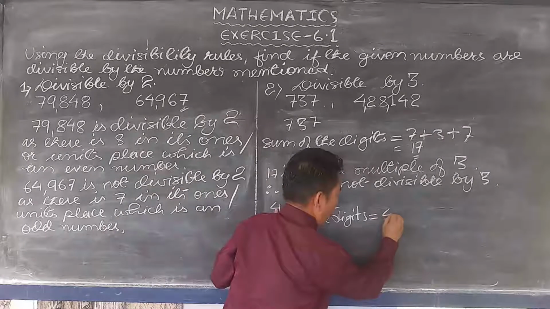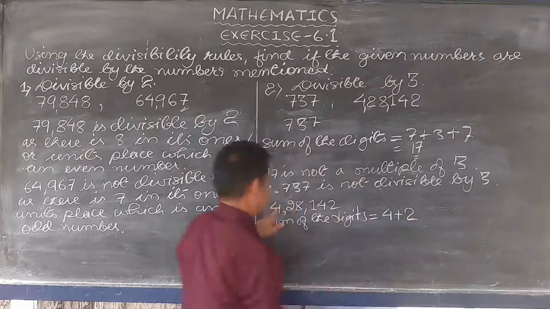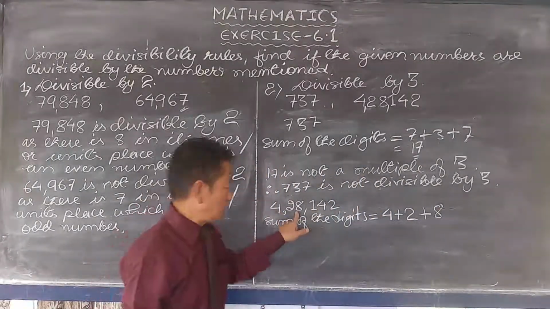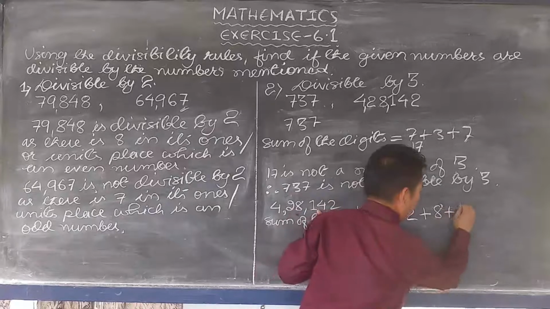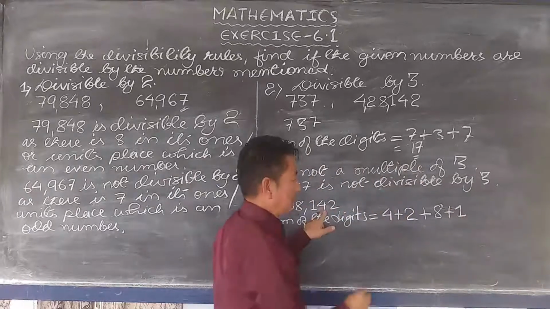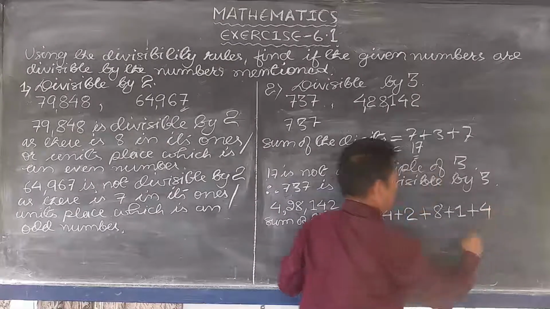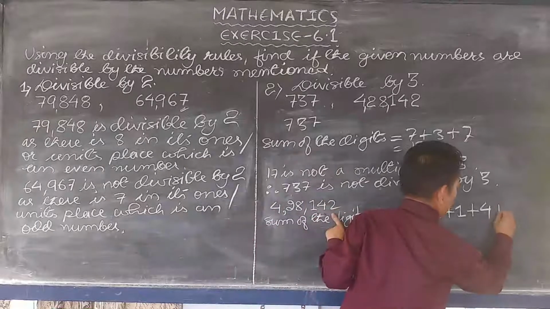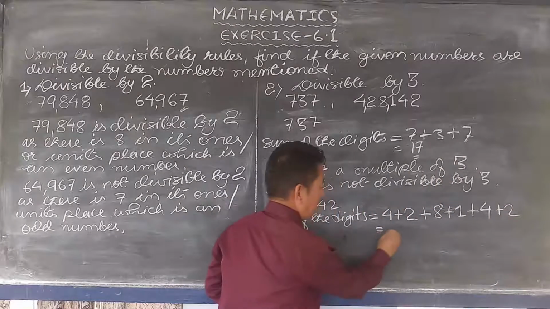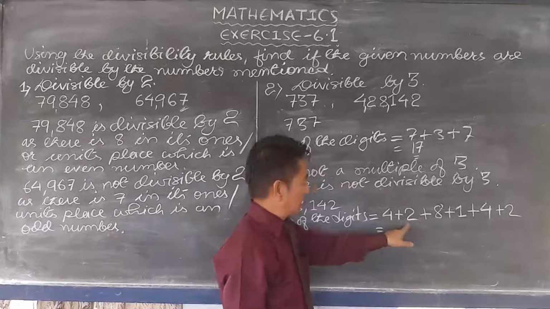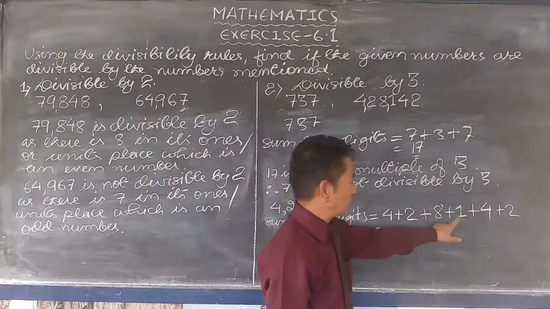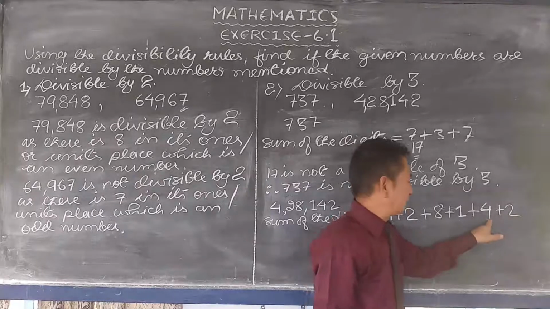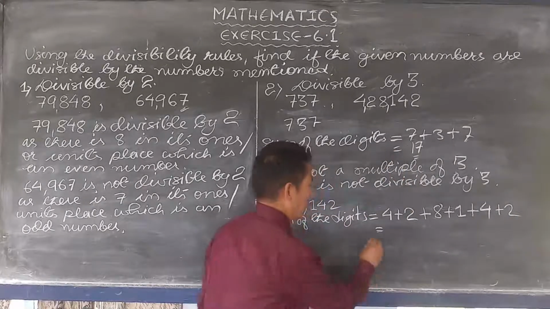Here, 4 plus 2, 6 plus 2, 6 plus 8, 14, 14 plus 1, 15, 15 plus 4, 19, 19 plus 2, 21.